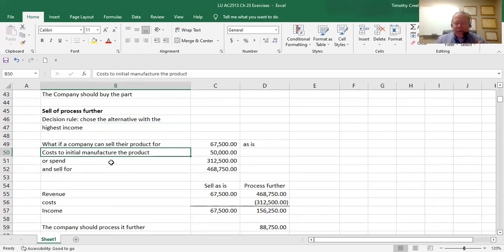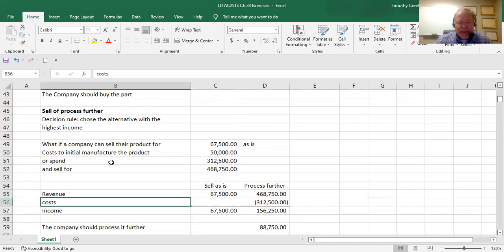It's not an incremental cost or revenue for either side, selling as is or processing further, and it doesn't factor into the decision. It's already been spent. There's nothing we can do about it. What factors into the decision is, do you make more by selling as is, or do you make more by processing further?